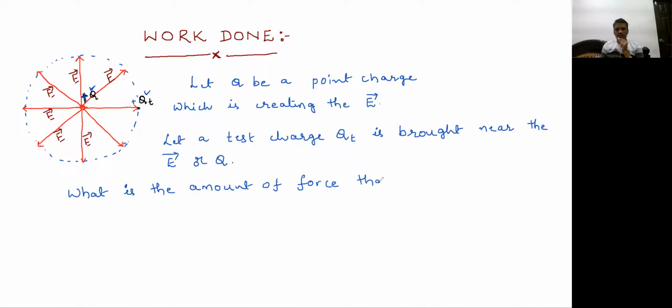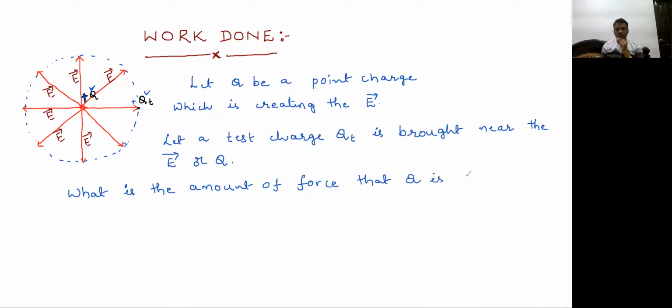What is the amount of force that Q is exerting or applying on test charge QT? How do we get this? To get this, we have to use the concept of electric field intensity.